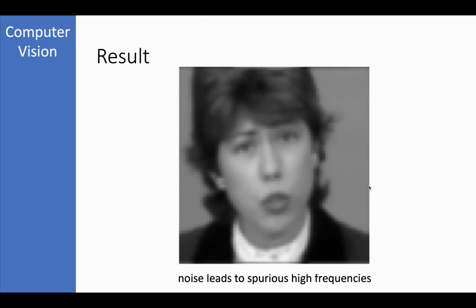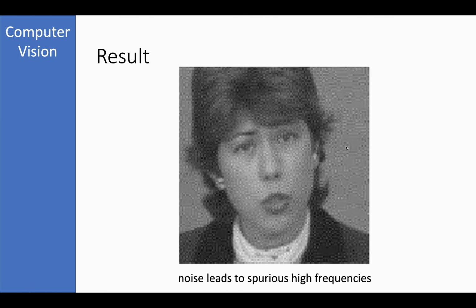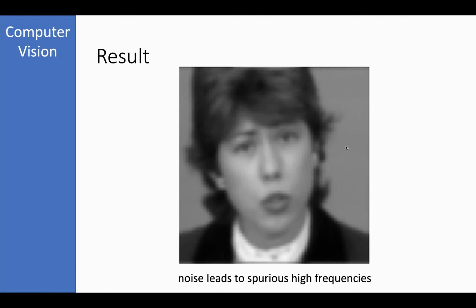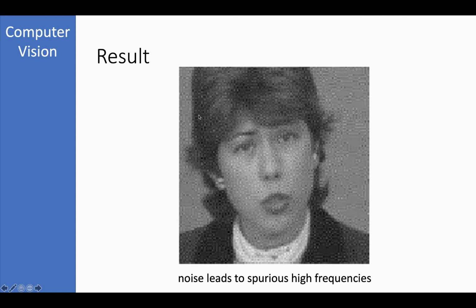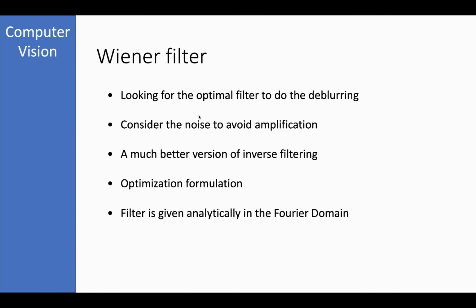Let's see that again. I have the blurred image, and these image pixelation artifacts become huge after inverse filtering. It is true that in certain areas, for example, the eyebrows, the nose, and the boundaries with the hair in the background, I see some sharpness after the inverse filtering. But the noise amplification is so much, the resulting image is not pleasing at all.